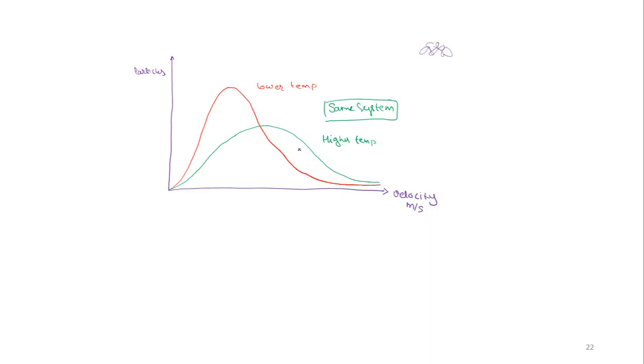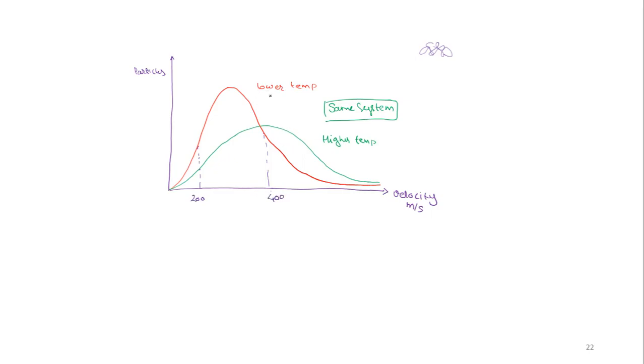If you observe the graph at the lower temperature, the red graph I am talking about, you will observe that most of the particles are ranging between, say, 200 to 400 meter per second.